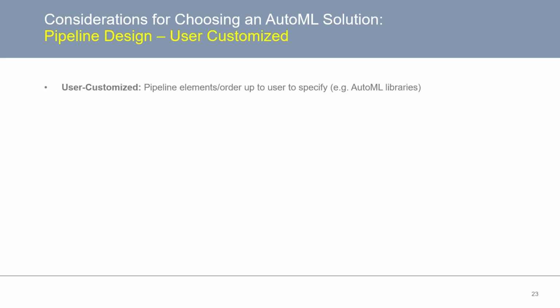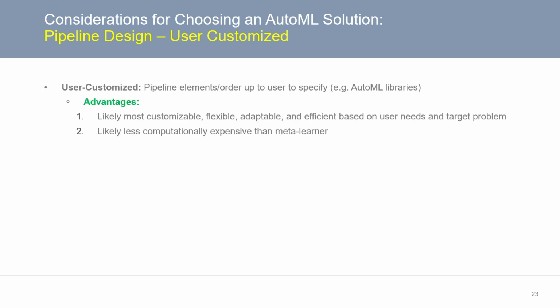Regarding these three pipeline design approaches, user-customized approaches require the user to specify pipeline elements and their order, which is mostly typical of AutoML libraries. The advantages of this design is that they're likely to be the most customizable, flexible, adaptable, and efficient based on user needs and the target problem. They're also less likely to be computationally expensive in contrast with something like a meta-learner.